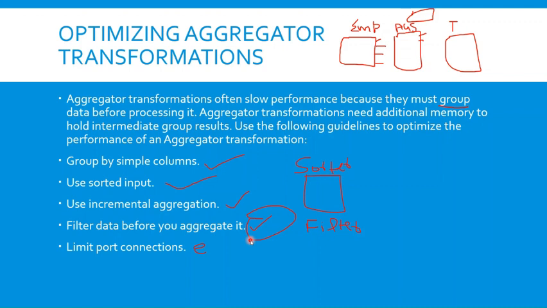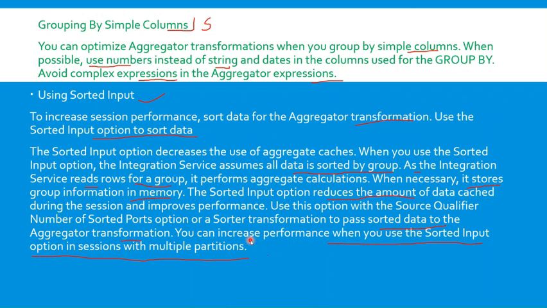Suppose I need 4 columns, don't pass the entire set of columns. That is unnecessary processing at the session level, so avoid those things. And group by simple columns, not complex columns. Use sorted input always. Those are the points for the aggregator transformation.